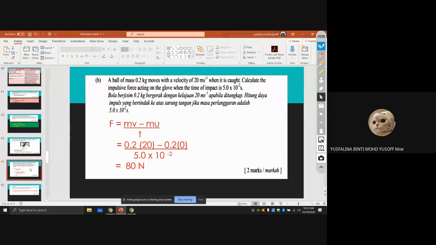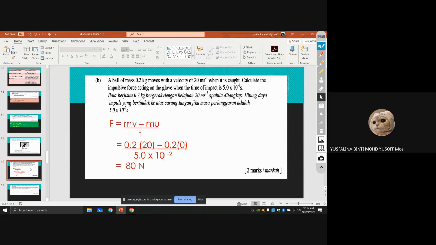Let's say in the exam, in SPM, you have to write the formula. Don't just simply substitute. Put the formula, because sometimes you can still get marks for the formula. So please put the formula you use in your answer, and after that you can substitute.